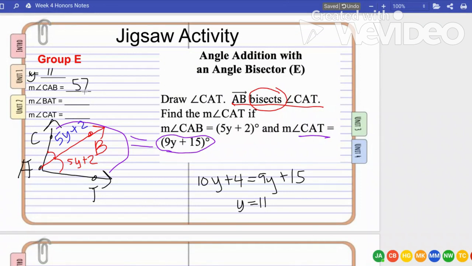So angle BAT is also 57 degrees. And then we plug in 11. 9 times 11 is 99 plus 15. 99 plus 15 is 114 degrees. And it checks out because 57 plus 57 is 114 degrees.